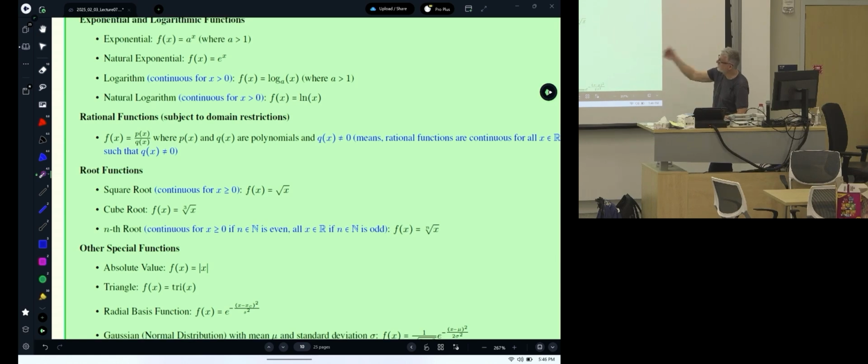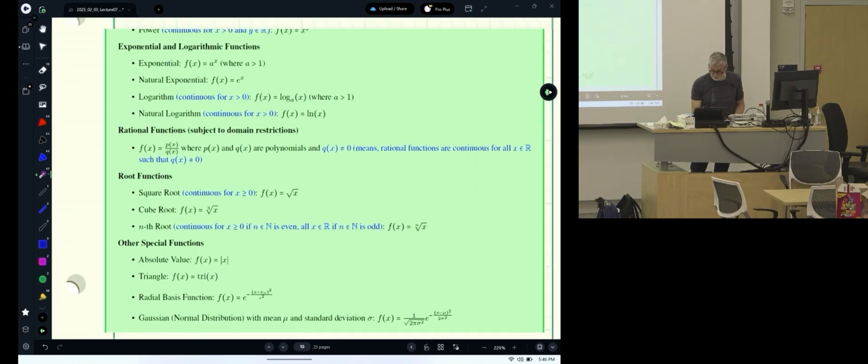If it vanishes at the imaginary unit I or minus I or 3 plus 2I, we just don't care. We're only worried about roots that are in the real numbers, okay? So as long as the denominator is not vanishing at a real number, all other points, rational functions are continuous.